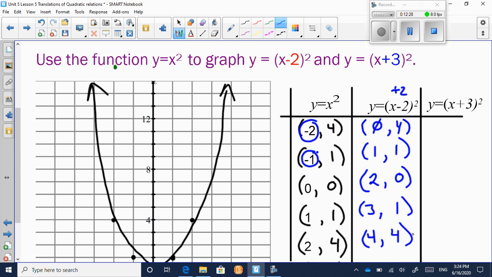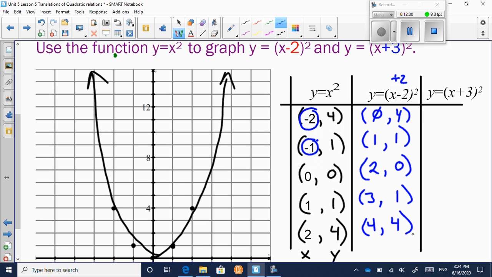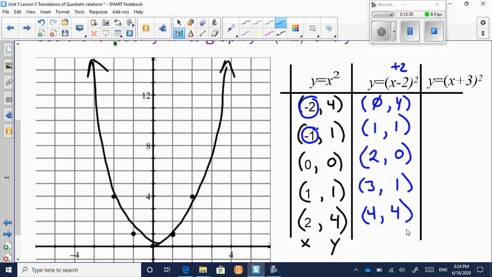So these are the points for this translated parabola. Well, let's graph those. So watch this. 0, 4, 1, 1, 2, 0, 3, 1, 4, 4. So look at this. Here's my parabola. The shape hasn't changed.